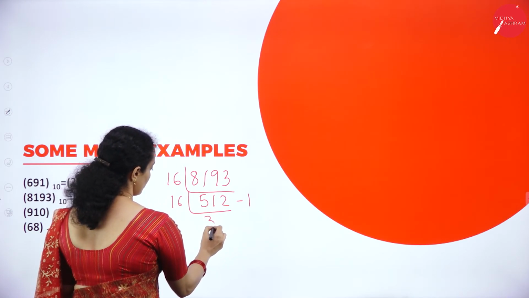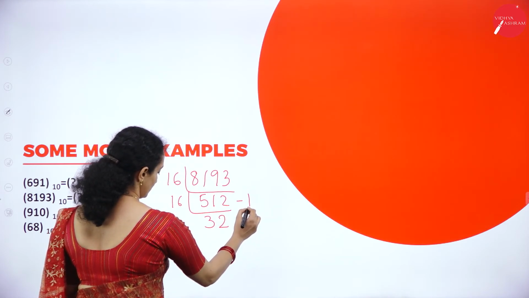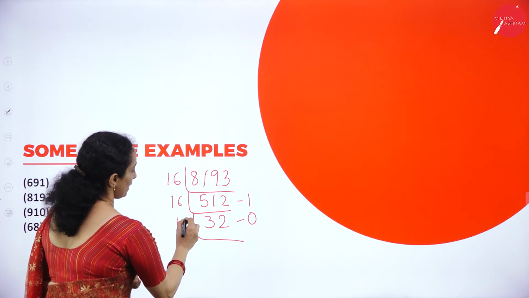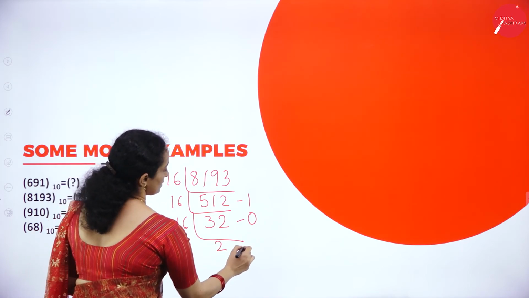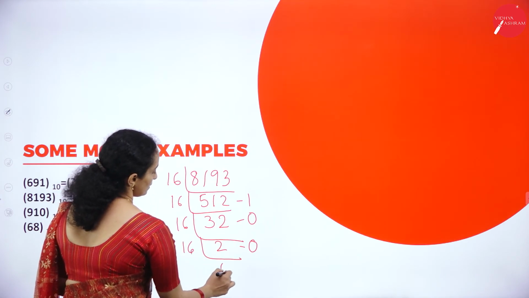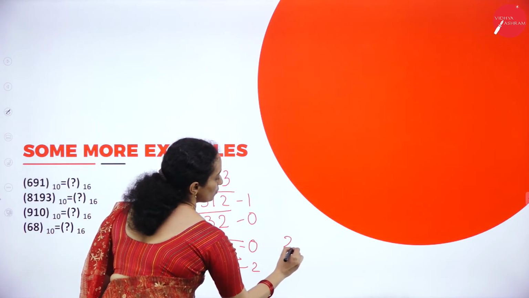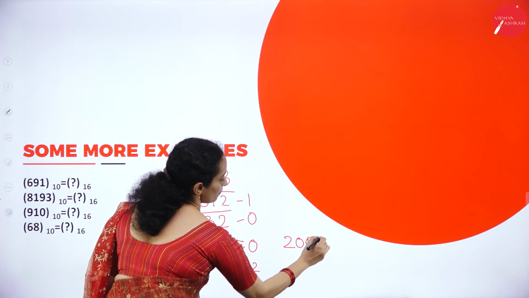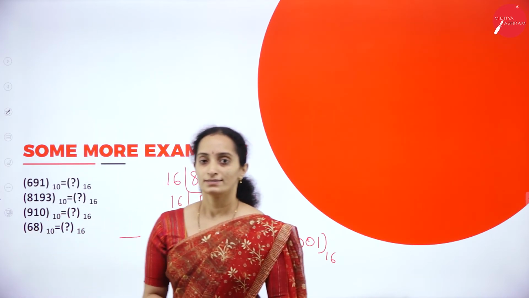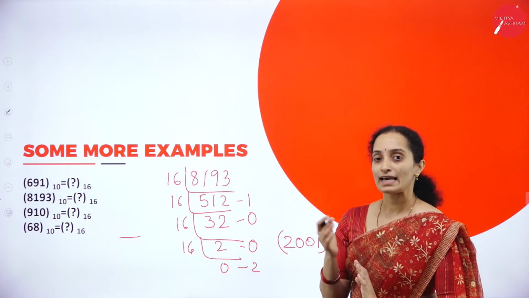The value is 32 and the remainder is 0. Again 16 twos are 32, remainder is 0. You have 16 into 0, remainder 2. The value now is 2001 to the base 16. This is an example of conversion from decimal to hexadecimal.